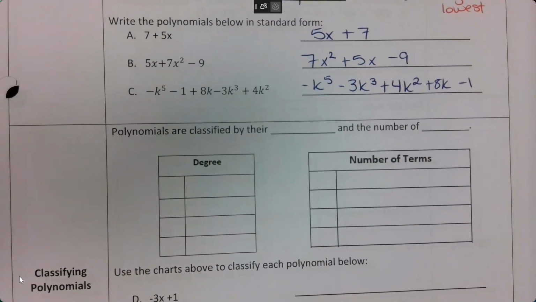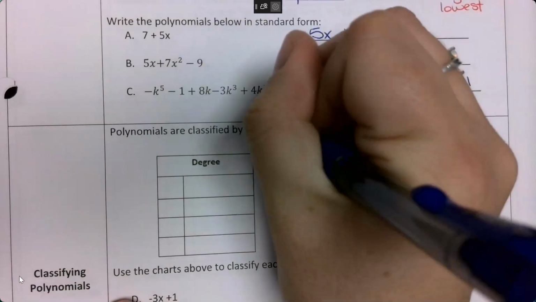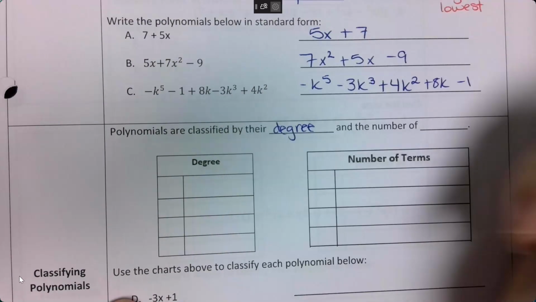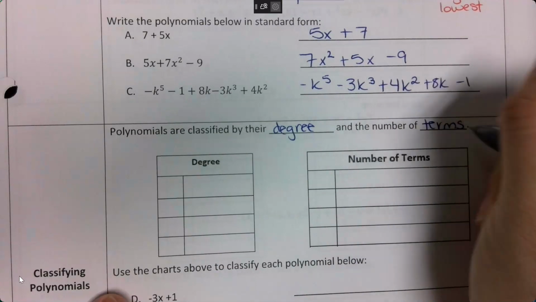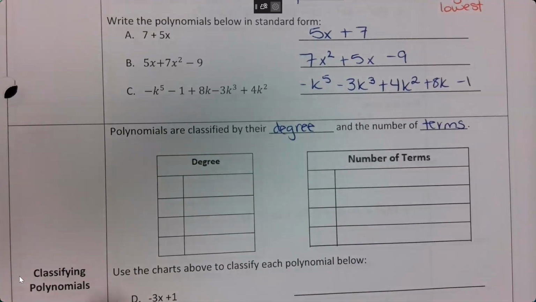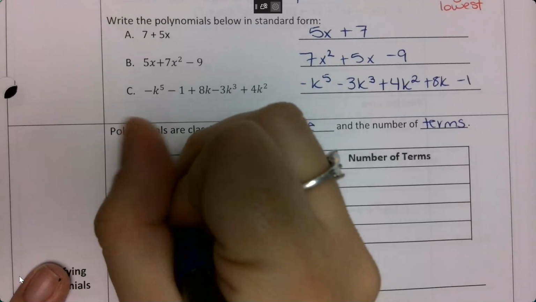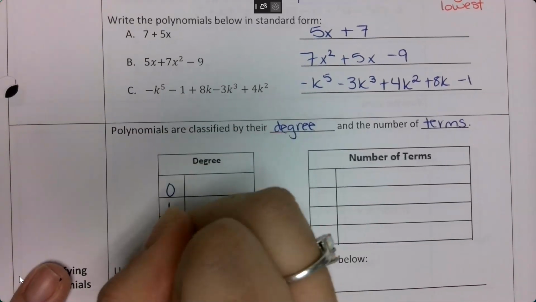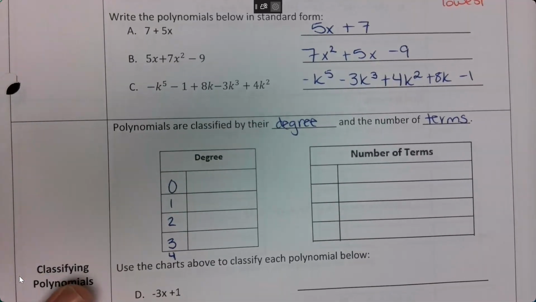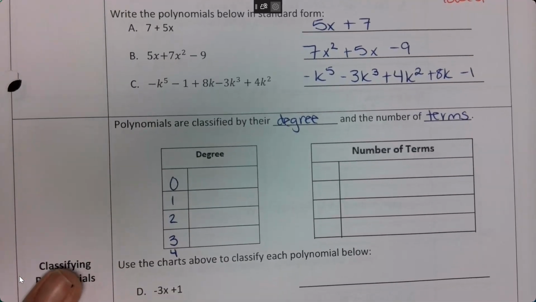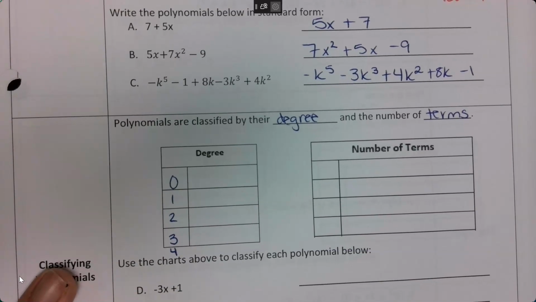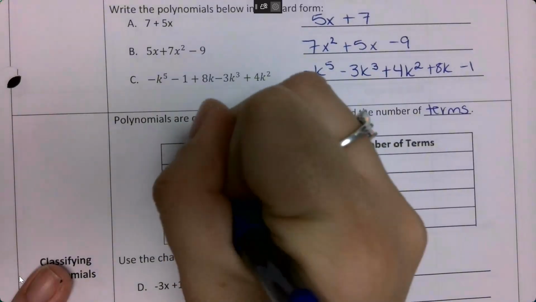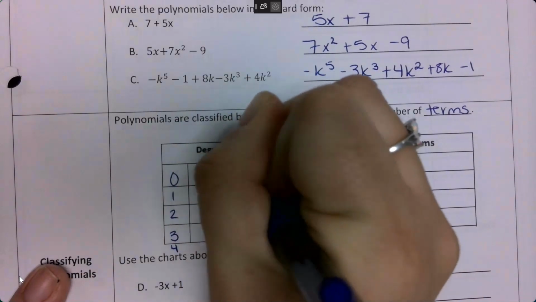Okay, so the next thing I have is polynomials are classified by their degree and the number of terms. I'm also going to make a fourth one off the chart. So 0 is called constant, so that means I have no variable. It's just a number.